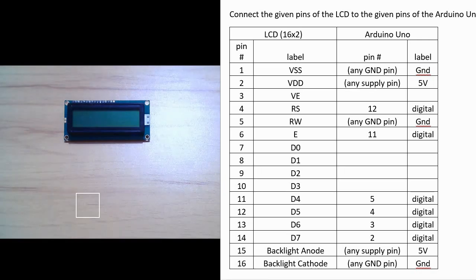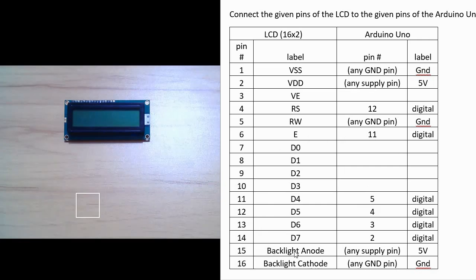You can connect it at any ground pin of your Arduino Uno. Then the VDD, so that is the 5-volt supply in your Arduino, should be connected to pin 2, and so on and so forth.